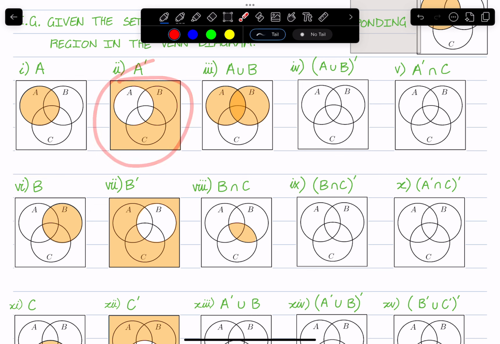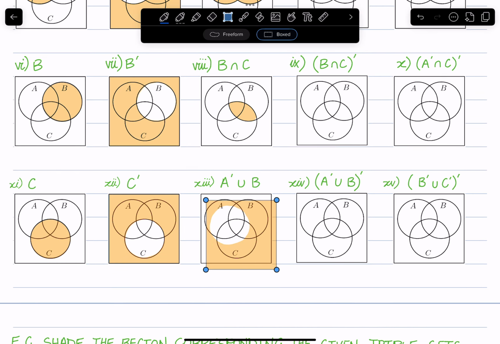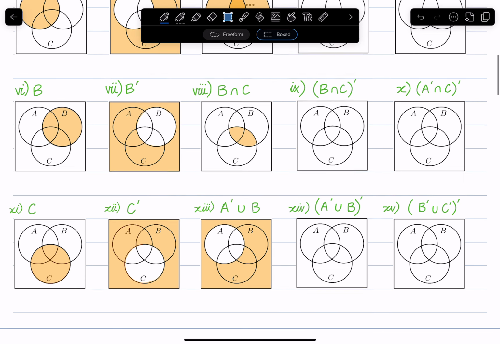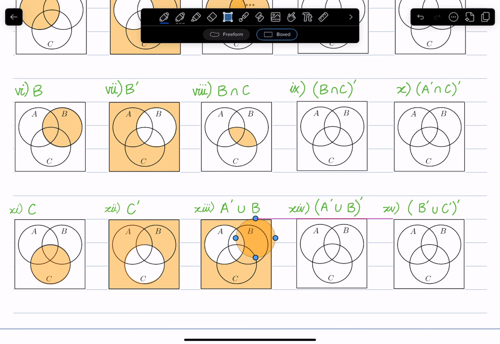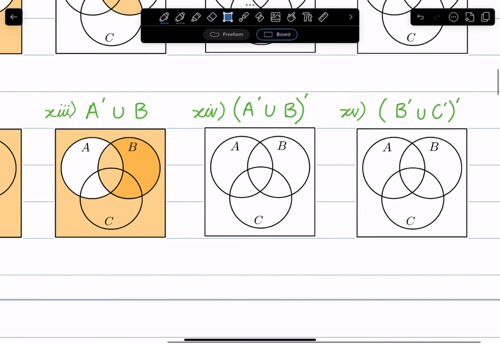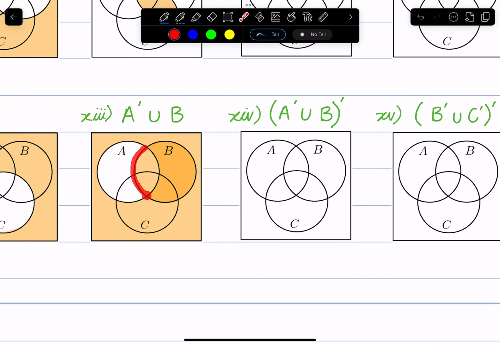Everything of not A and everything of B. If I were to now just show that here, this is everything in not A, and this is everything in B. When we combine it, this bit here is the only part that is not included. So notice even this region here is doubly counted, but that doesn't matter. The region we're looking at here is that one.